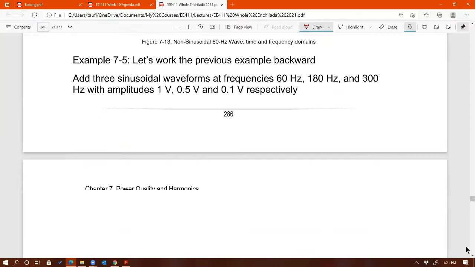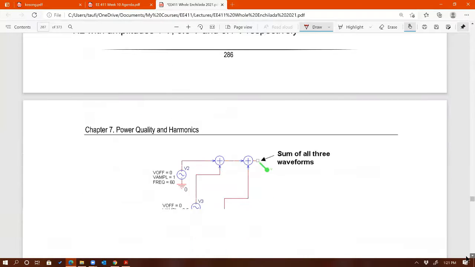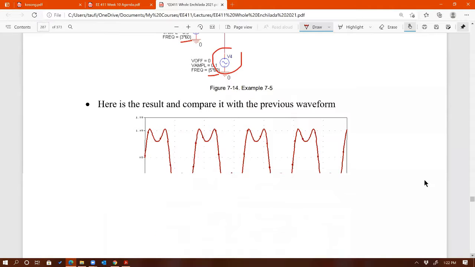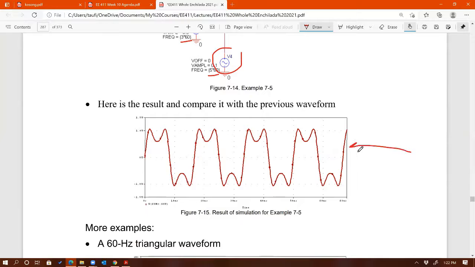Here's an example where I have 3 sinusoidals. The first one is 60 hertz, the second one is 3 times 60, the third one is 5 times 60, and I'm just adding them up. I'm adding all of these sinusoidals, and I take a look at the output. So I should be able to construct a periodic waveform exactly the same as I had in the previous example.